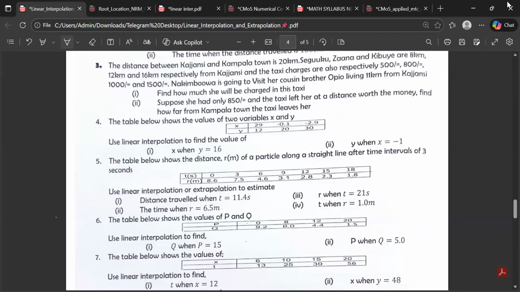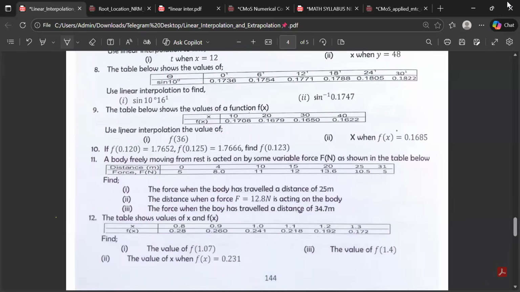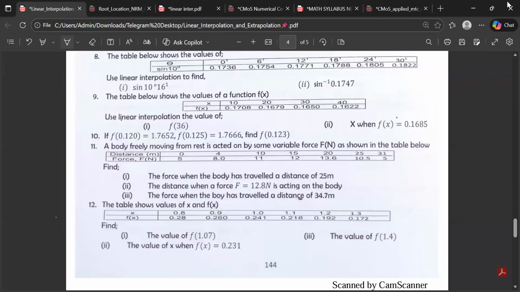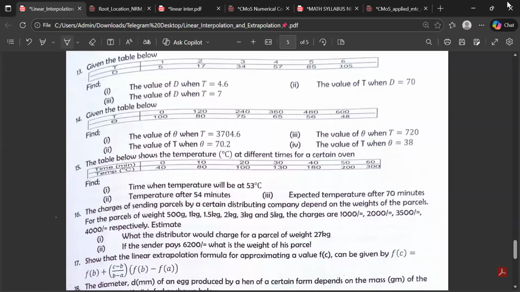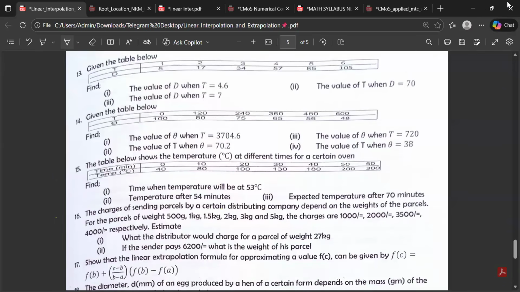It is very easy. Just look at theta, sine 10, f, distance, force, table. Very easy stuff. Then lastly, take that one. You can see it's very easy, just having a lot of numbers.